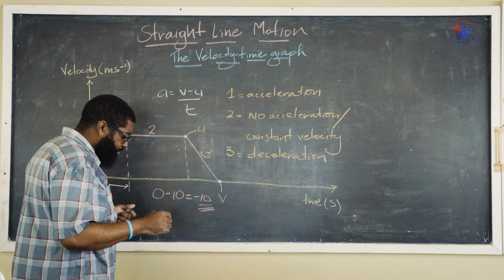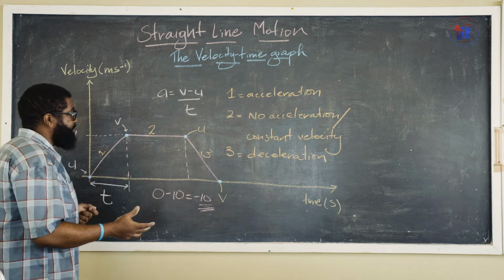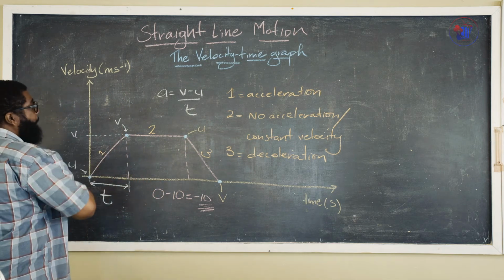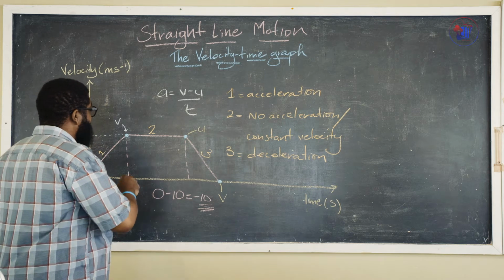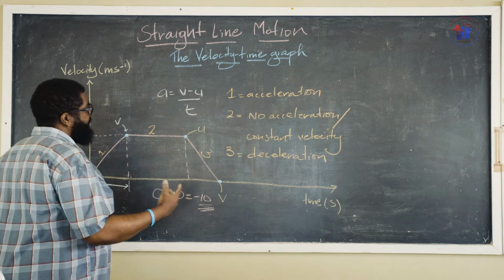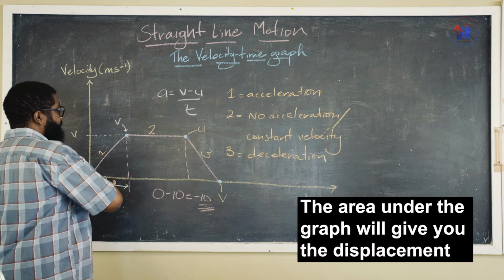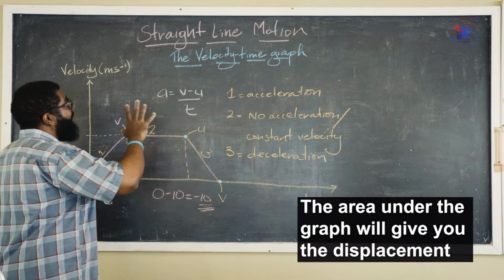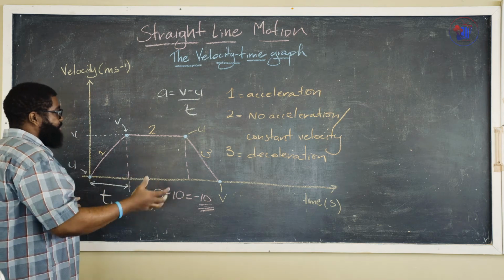Now, not only does this graph give you acceleration, and not only can it tell you velocity, it can give you one more important thing, and that is the area under the graph gives you your displacement. Now, since you're on a straight line, the displacement is actually the distance you have traveled.